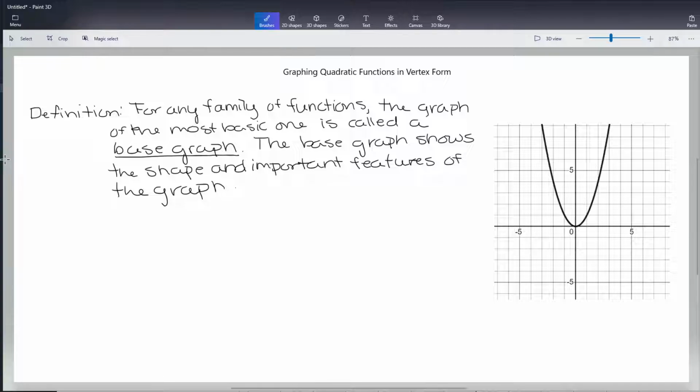Now this is true for a lot of different function families, and we're actually going to talk next week about using base graphs more generally.